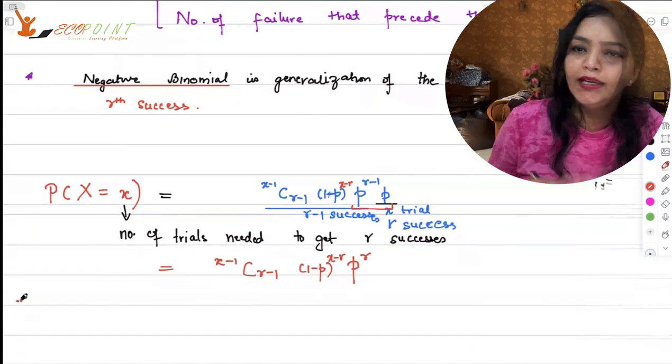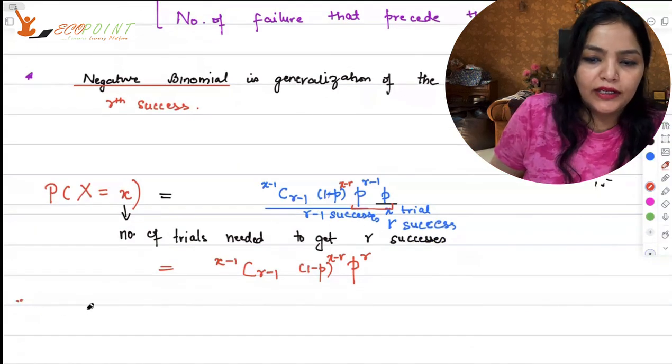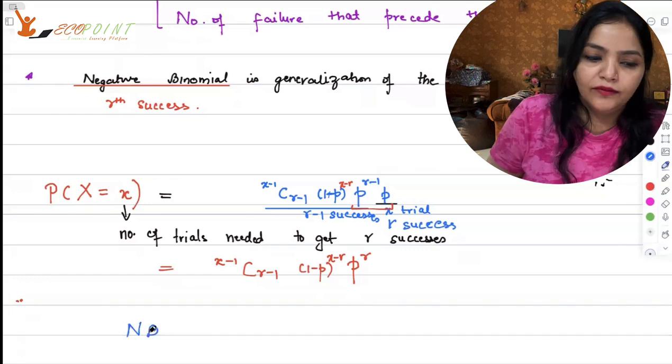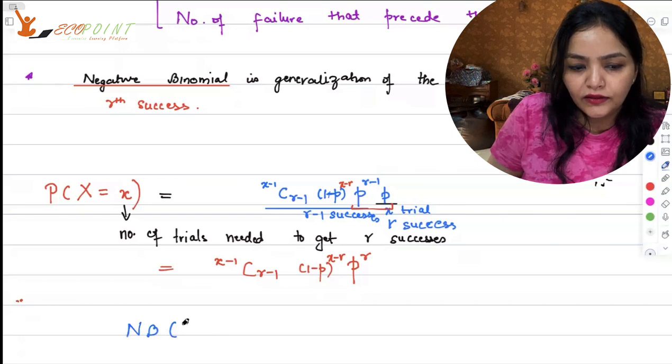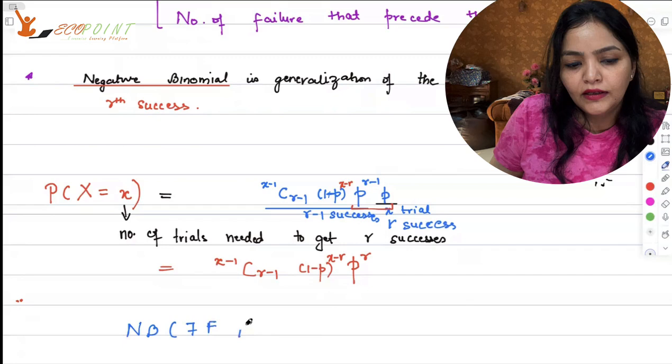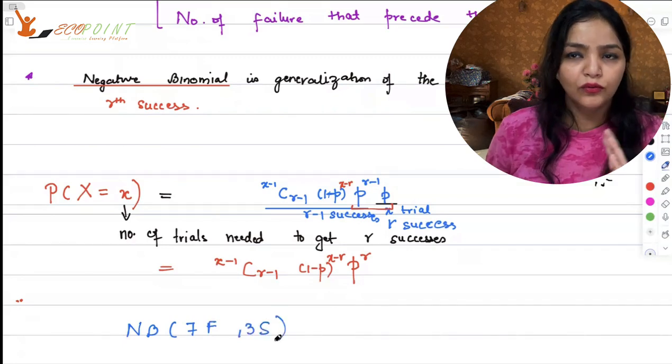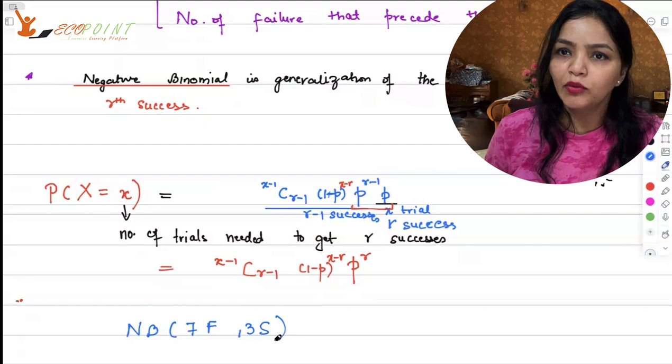In fact, let's take values here. Suppose there is a question wherein you are given that you have 7 failures until 3 successes. So it's a negative binomial case.